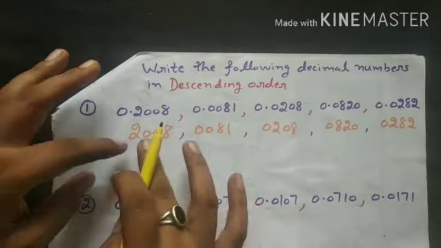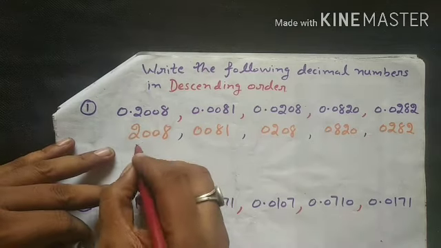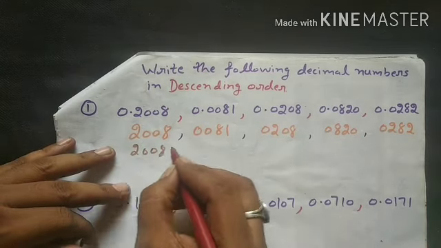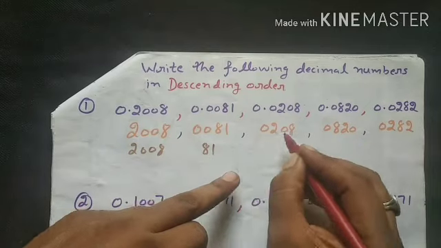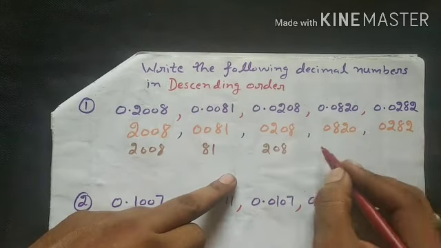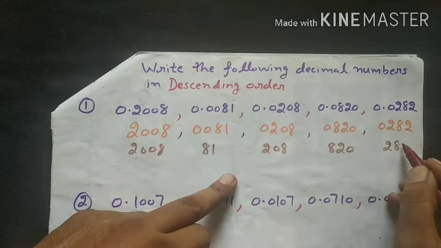Now these numbers are equivalent to these because these are like decimals. Now I will write them by their actual absolute value. This is 2008. This is 81. This is 208. This is 820. And this is 282.